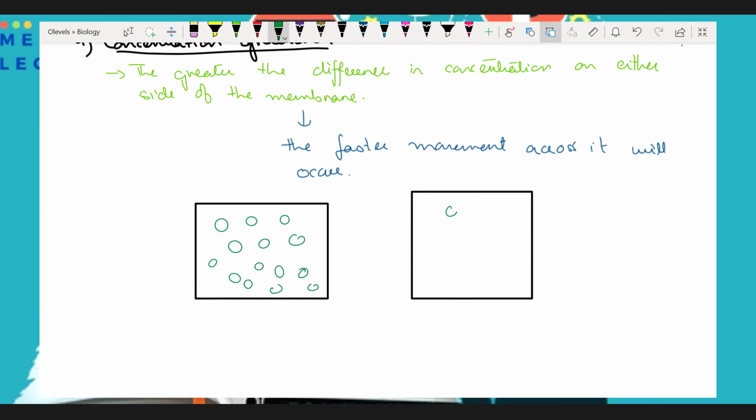And here I have less number of molecules, right? So as this side has higher concentration, due to higher concentration, it has more collisions, right, students? It has more collisions.